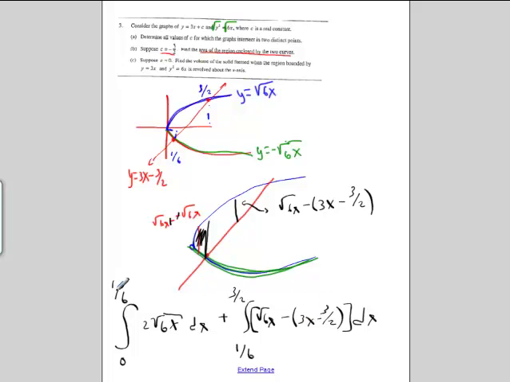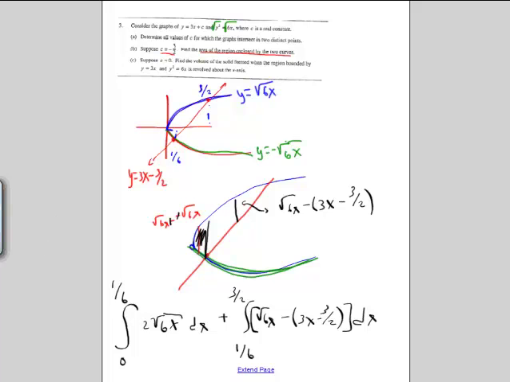The key part is, find the intersection points and then set up the two different integrals with the two different height equations. So here's the height of the first rectangle, and here's the height of my second rectangle. And again, we needed to do that because the lower function switches there.